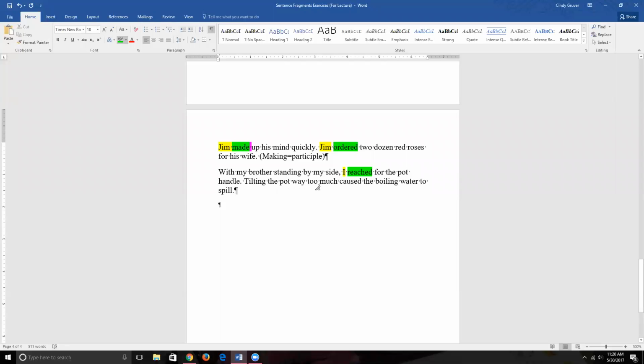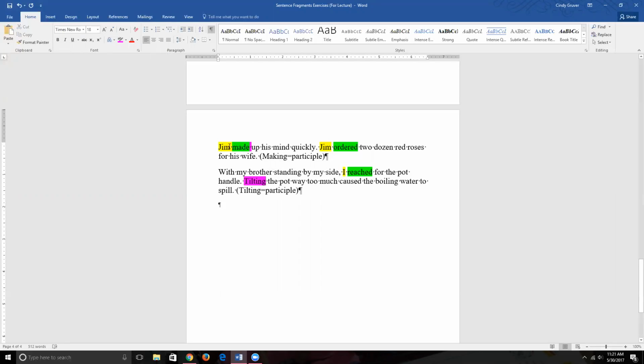Tilting the pot way too much caused the boiling water to spill. I should have marked this one, I did not. Our issue is we don't have a complete verb here. Tilting is a participle. Okay, so I'm going to put that in pink so we can keep track of it.